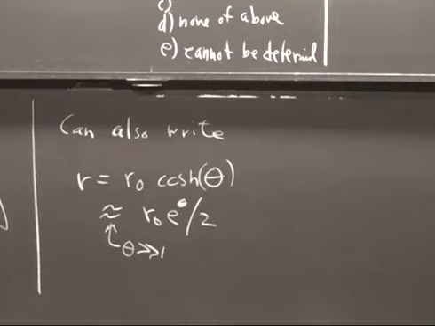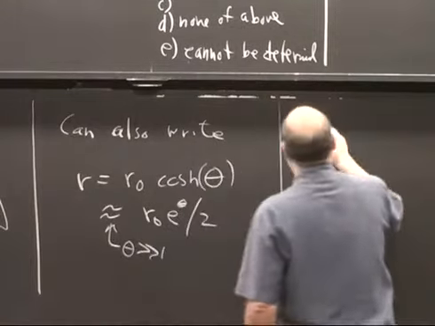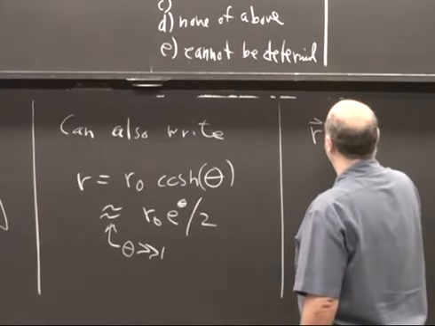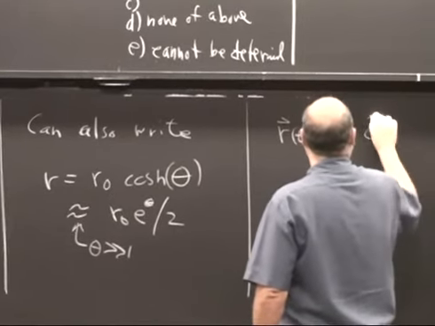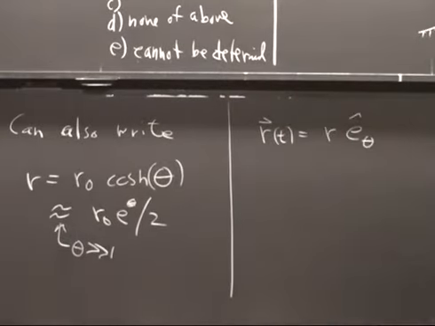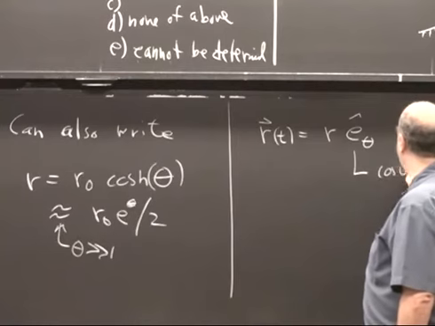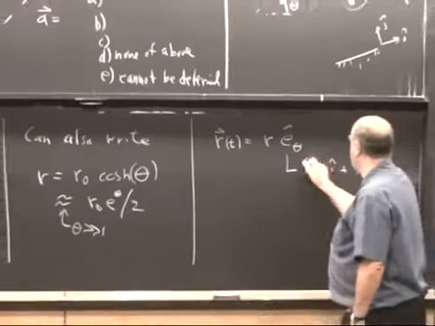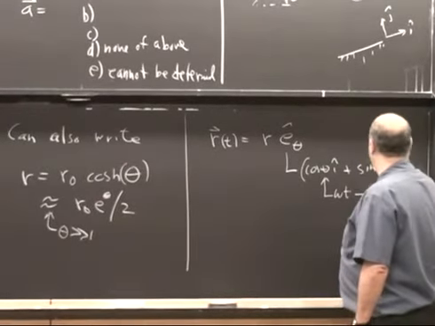If we want to know the vectors as a function of time, we now know r as a function of time. So if we want to know the r vector as a function of time, we can write r of t equals r e_r. And let's say we wanted to plot this with x and y coordinates. We could say e_r is cosine theta i plus sine theta j. But wherever we see theta, we can put omega t.